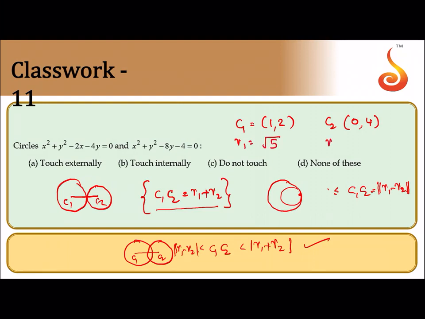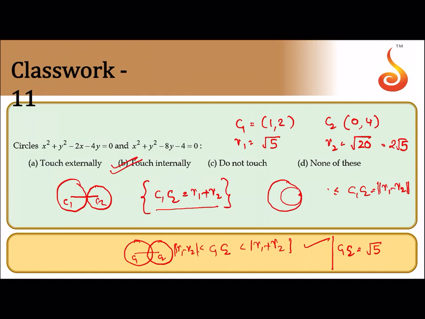R1 radius is given as root 5 and R2 is root 20, which is nothing but 2 root 5. And what is C1C2? I will calculate here. The C1C2 distance is nothing but root 5.